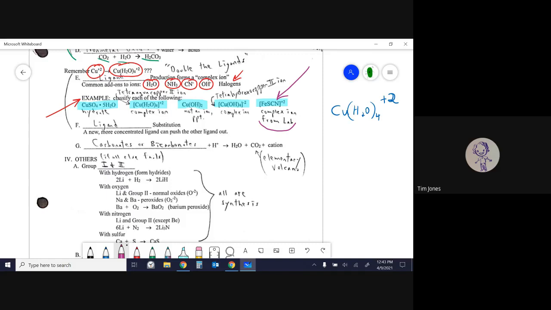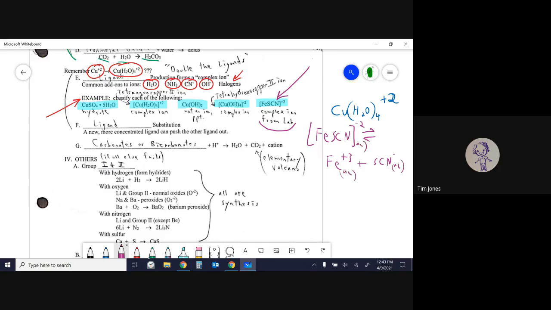In future years that might be watching this video, hopefully you recognize this from the equilibrium lab, in which it was this complex ion, and it's in equilibrium with, if I remember right, Fe+3 and thiocyanate ions, and everything's in water.